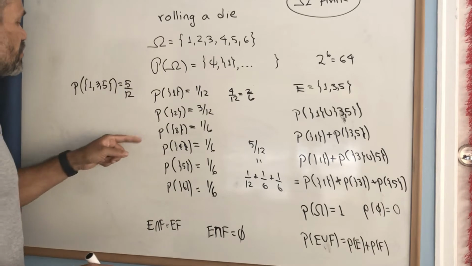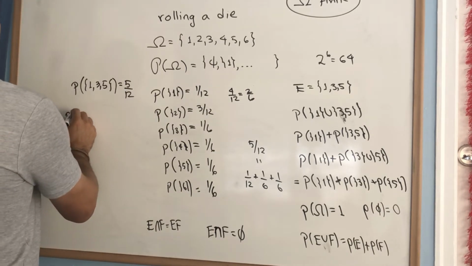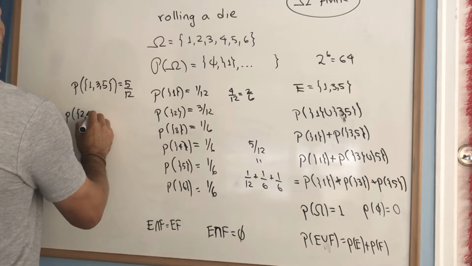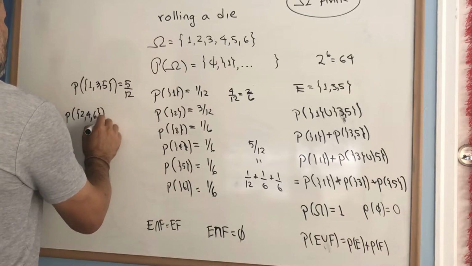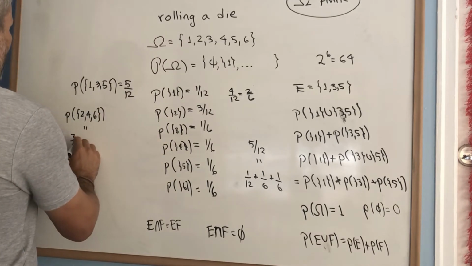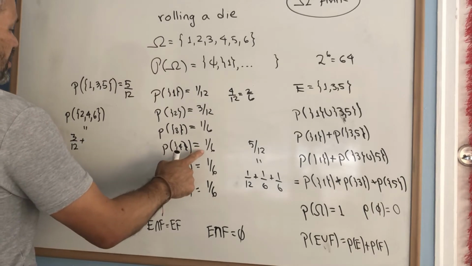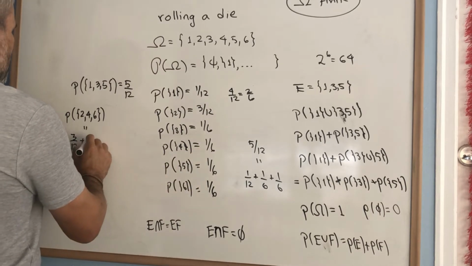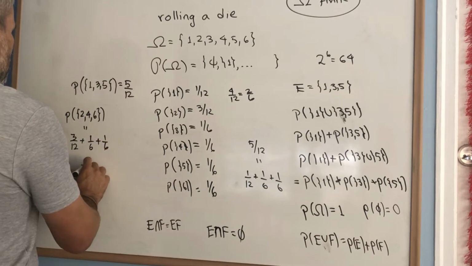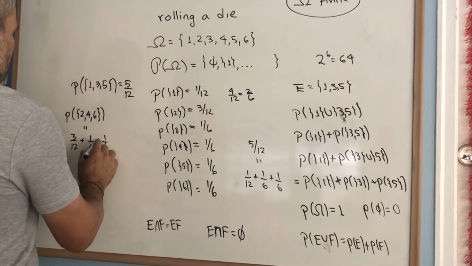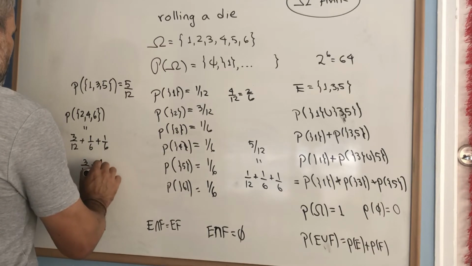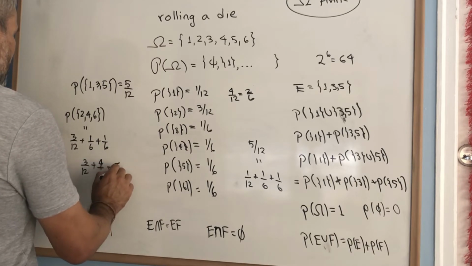5/12. We can also define the probability of getting an even number. Let's say the probability of 2, 4, and 6. In this case, this should be equal to the probability of 2, which is 3/12, plus the probability of 4, which is 1/6, plus the probability of 6, which is 1/6, and this is 3/12 plus 2/12 plus 4/12, and this is 7/12.